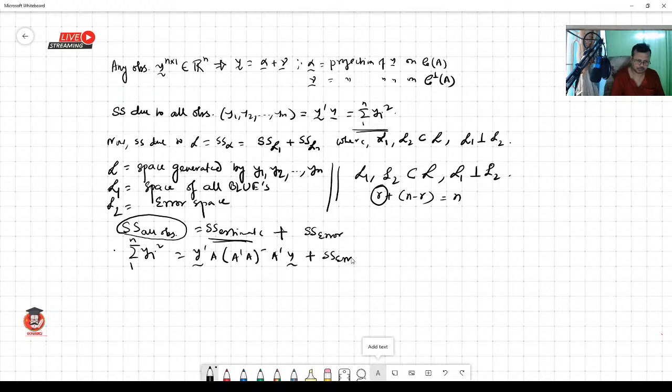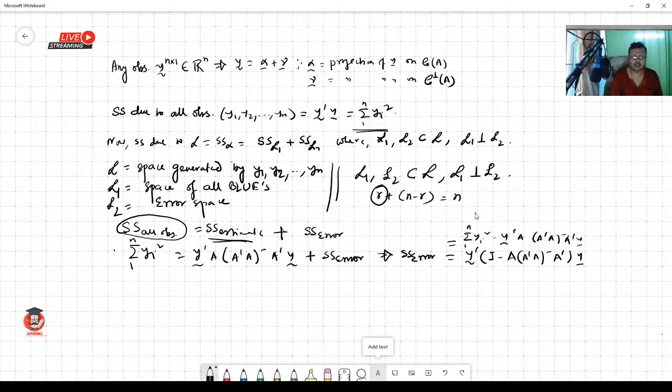So SS due to error is y curl prime (I minus A G inverse A prime) y curl, because this is obtained by sum of yi squared minus y curl prime A G inverse A prime y curl, and the summation of yi squared can be written as y curl prime y curl. The degrees of freedom is n minus r.